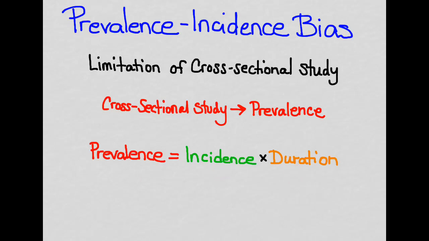And so if you see that prevalence of a disease is higher in the exposed group than in the unexposed group, you don't know whether that exposure is related to the incidence of the disease or the duration of the disease. So if what you really want to know is whether the exposure is related to bringing on the disease or creating a higher risk of the disease, that's usually what you want to know.